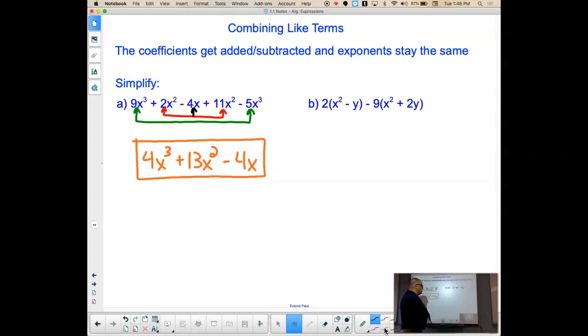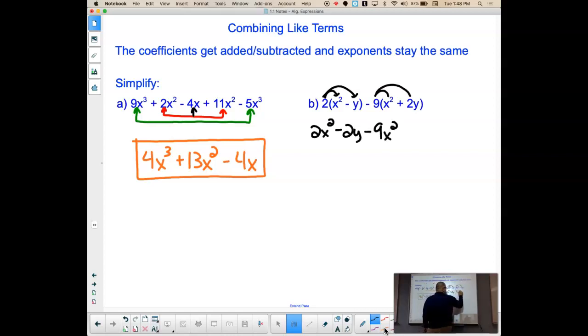Numerous times you'll have problems like this where you've got to do some distributing first. So this is really 2x squared minus 2y minus 9x squared minus 18y. Then go through and combine your like terms. You've got an x squared term and an x squared term.